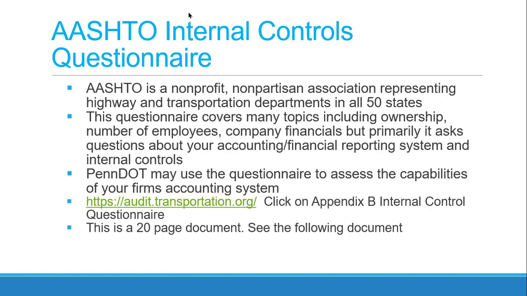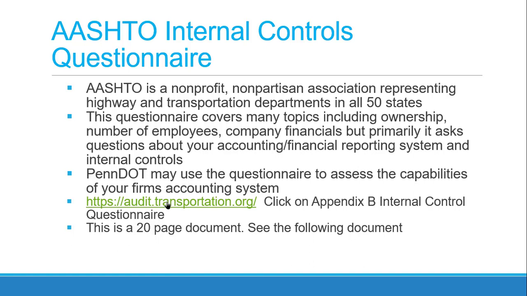And the questionnaire covers many topics, including ownership, number of employees, company financials, but primarily it asks for questions about your accounting and financial reporting system and internal controls. And PennDOT will use this questionnaire to assess the capabilities of your firm's accounting system, and it will also use it to evaluate whether your overhead rate submittal is reasonable.